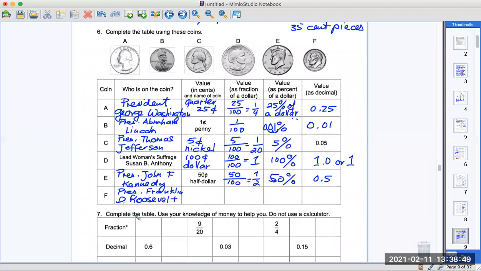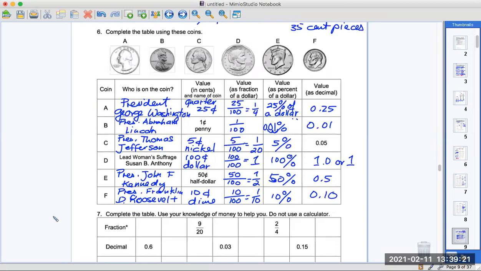He was in the early 1900s, like maybe 1920 or 30, I'm not sure. But this is 10 cents, which is a dime. And so 10 cents is 10 out of 100 pennies, which is the same as 1/10. So this is the same as 10%, and as a decimal it would be 0.10.